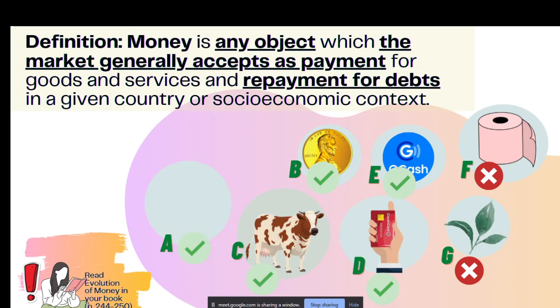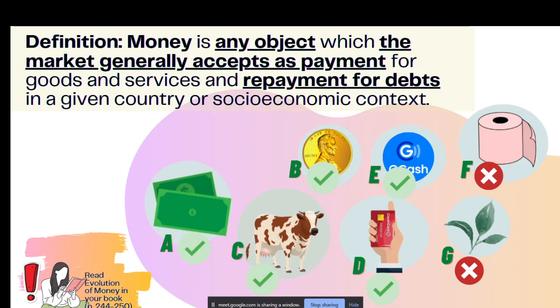Yung definition natin ng money, money is any object which the market generally accepts as payment for goods and services, as well as repayment for debts in a given country or socio-economic context. So, makikita natin, pwede yung mag-change, di ba? Given a certain socio-economic context.